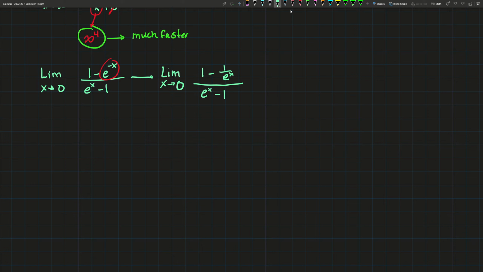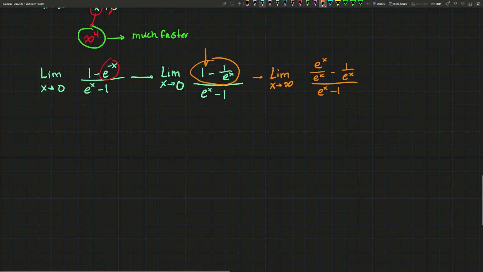Now we have to add these two fractions together, and we've got to get a common denominator. So this whole thing is equal to the limit as x approaches 0 of e to the x over e to the x, that's the 1, minus 1 over e to the x, over e to the x minus 1.